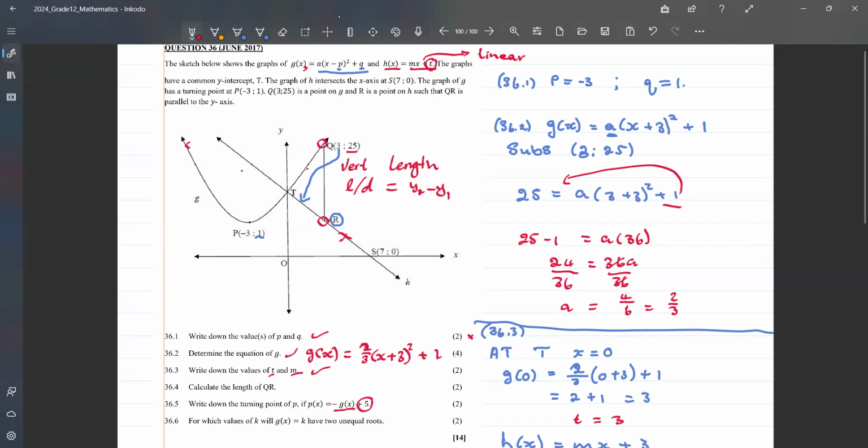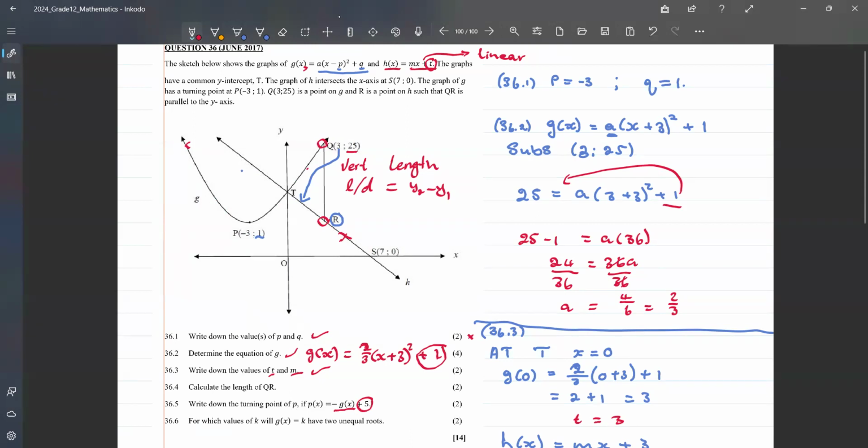But the key part here is we need to know what are the coordinates of a turning point. So the coordinates of our turning point, this is the part that is affected. So the +1 is going to be affected by reflection and also by translation. So it's reflected, meaning that it becomes negative.